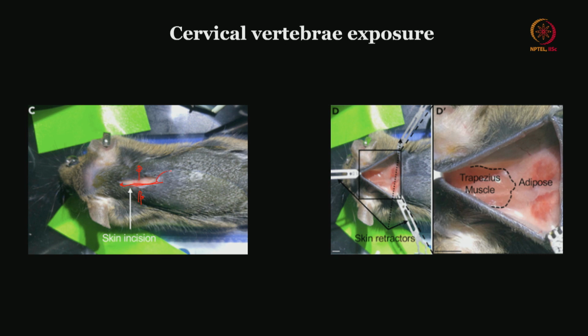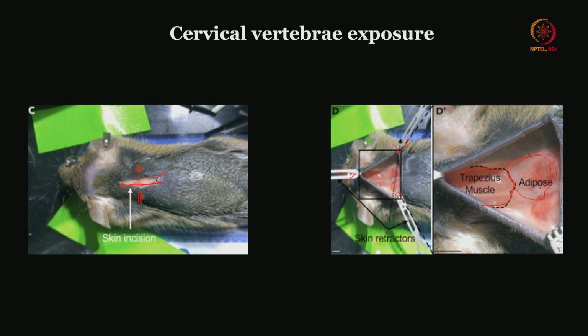Once you do that at the cervical level, this is the muscle that comes into view, the trapezius muscle, which controls the neck movement, and then there is some adipose tissue, subcutaneous fat, that comes into view. These are the self-retaining retractors, which are different in different stabilization systems.